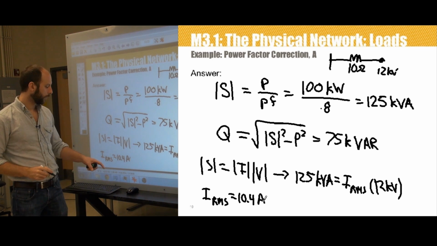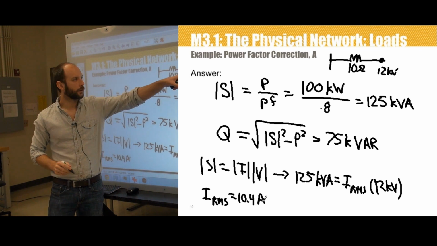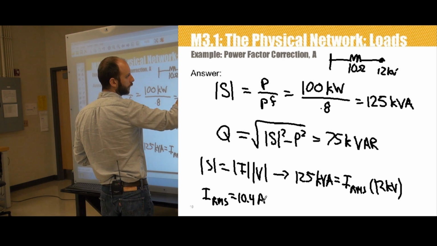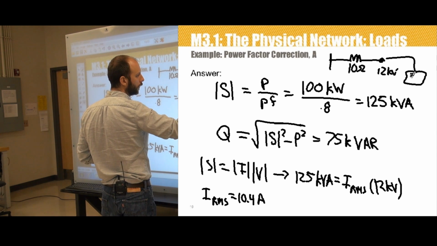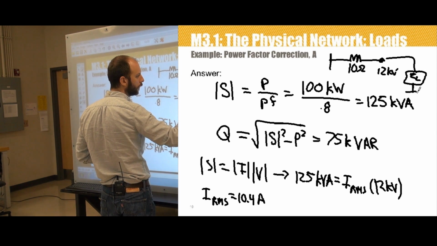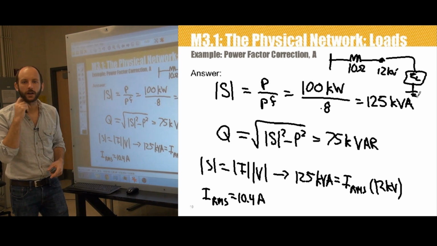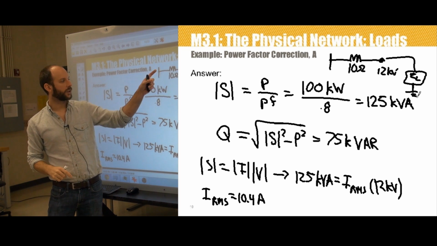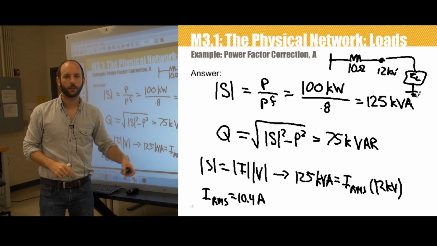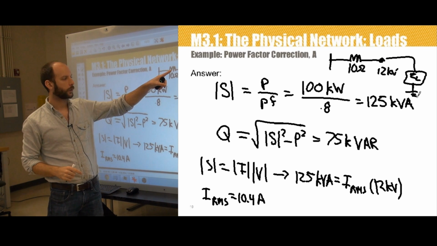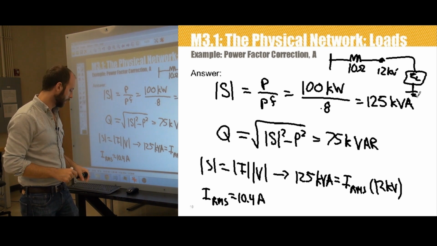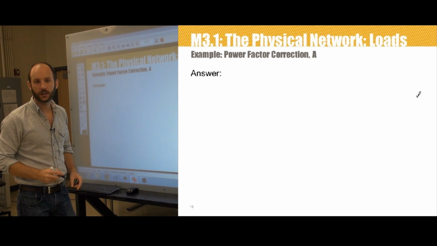So in this line flowing to this load, there's 10.4 amps. We can determine the joule heating due to the current flow through that as just I squared R, right? That's joule heating.